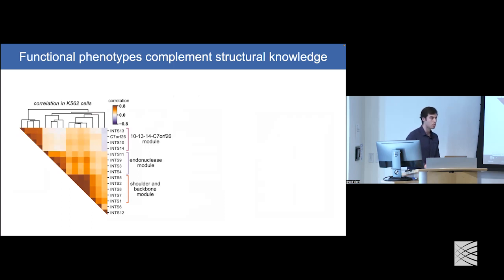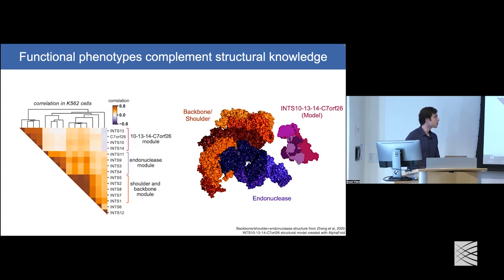And one thing that was pretty interesting to do was to compare these modules that we defined by RNA-seq phenotype with the structure of the integrator complex, parts of which have recently been identified with cryo-EM.